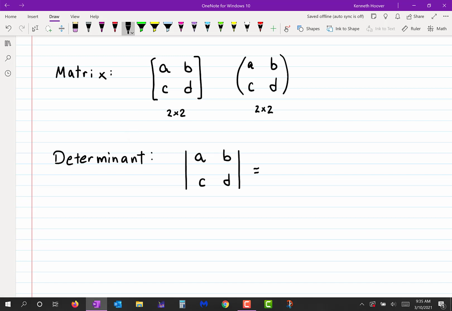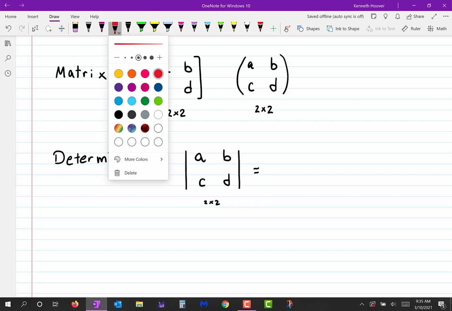For a 2 by 2 matrix, what you do is you multiply, let's do this in green, okay?